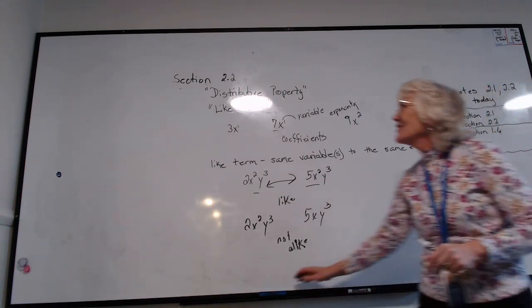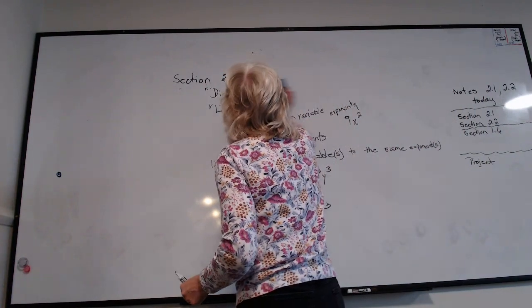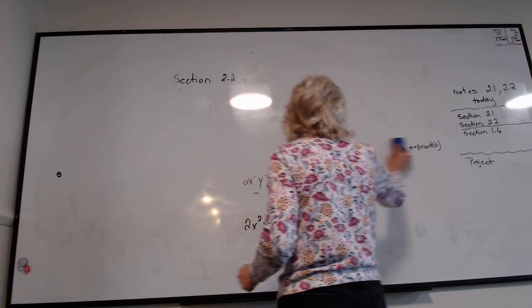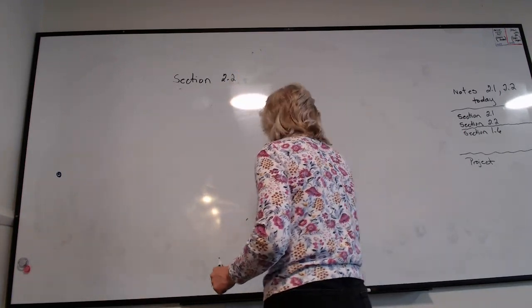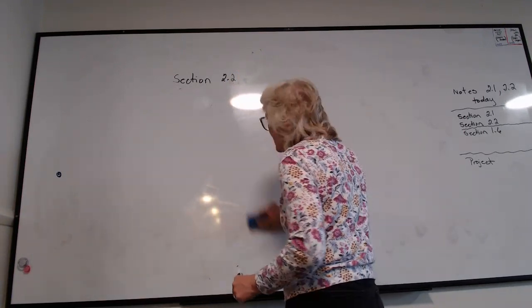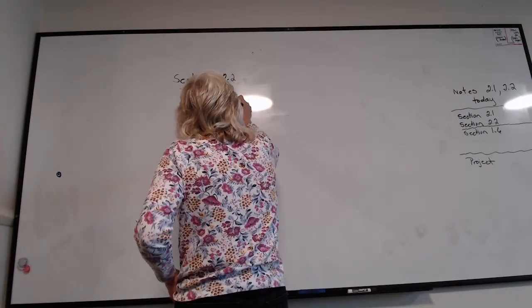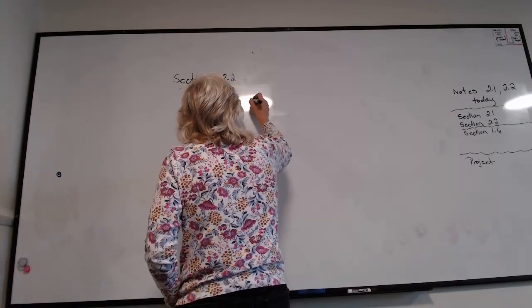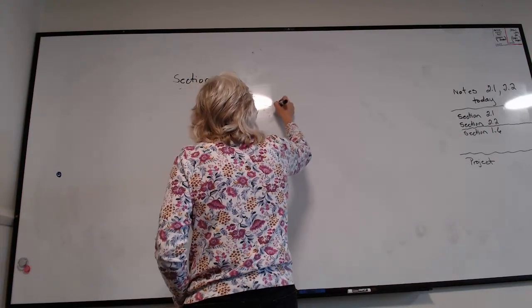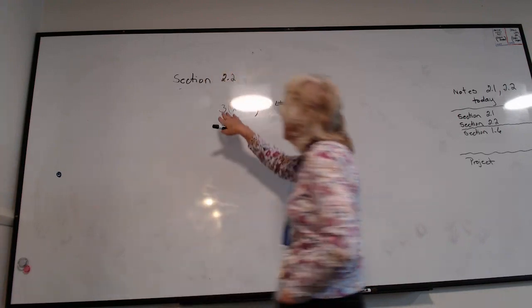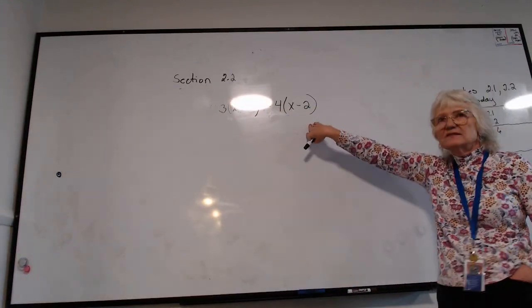Okay. So in this, the distributive property can be used a couple times, and this is where it's used most. They might give you all sorts of other examples, but I'm going to show you this. Let's do 3(x + 5) - 4(x - 2). Okay, notice there are two sets of parentheses.